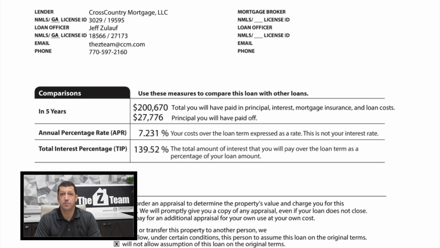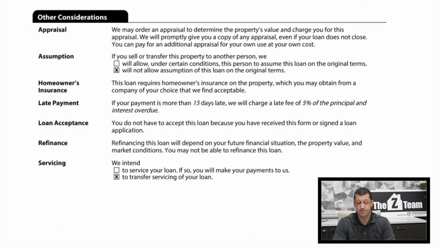This would assume that you're paying this loan on time with no additional payments over the full 30 years. This is the percentage of the loan that you would have totally paid back. So in this case, if we had borrowed $300,000, we'd be paying back a total of 139.52%.